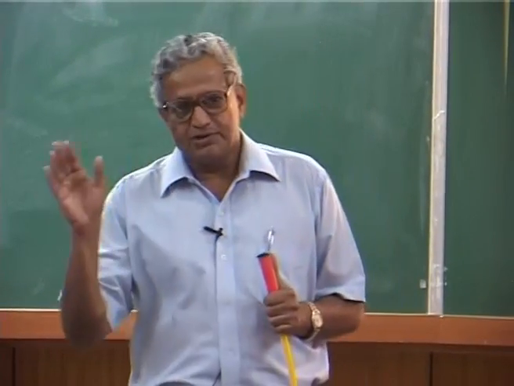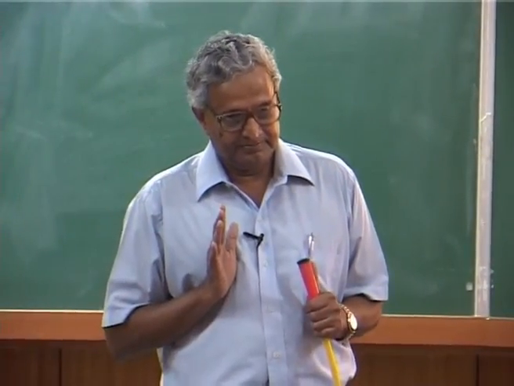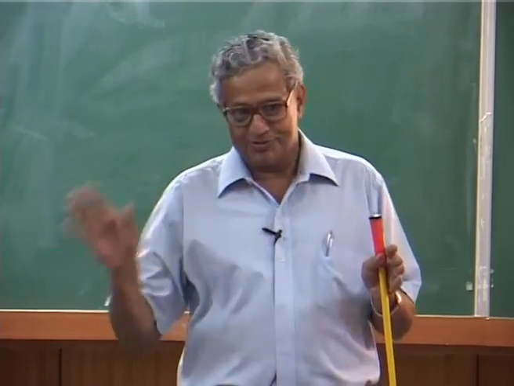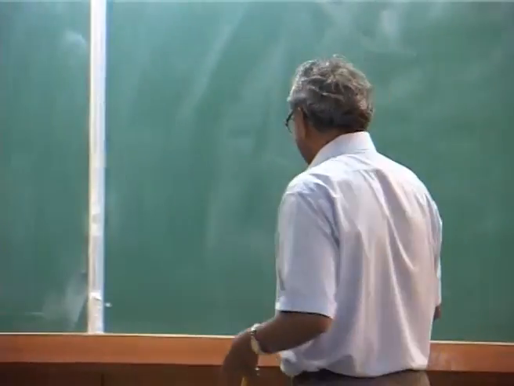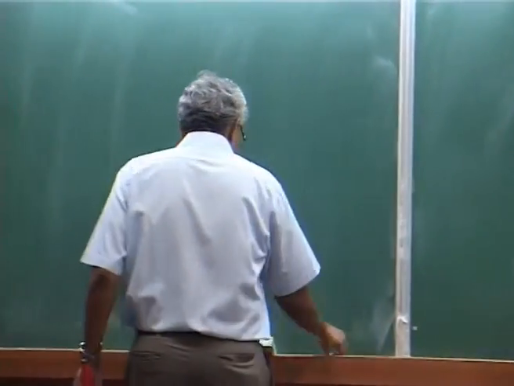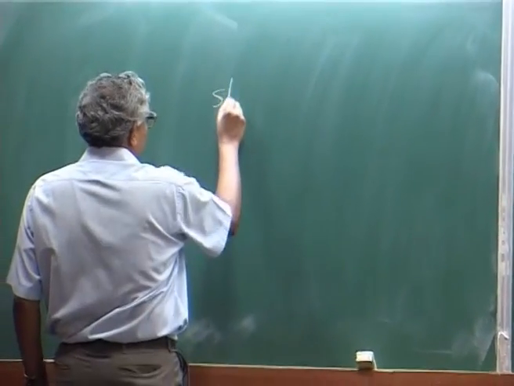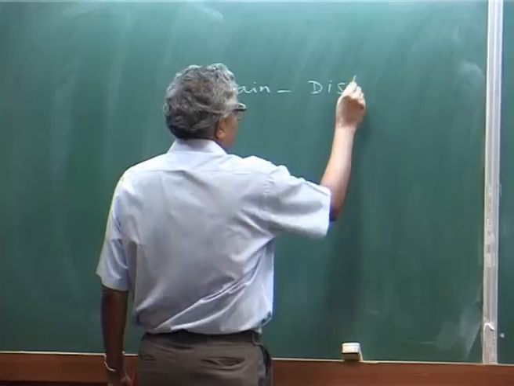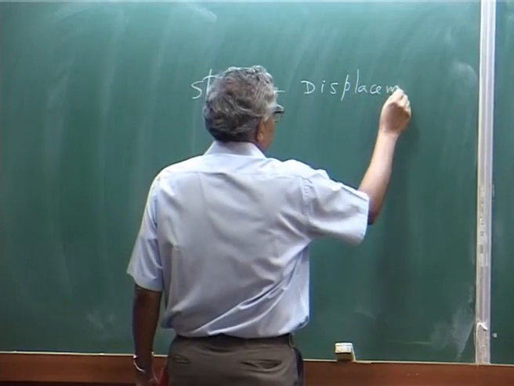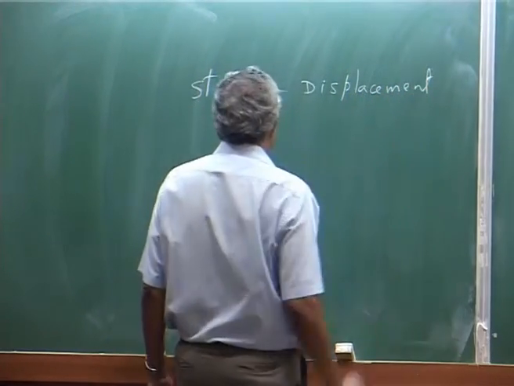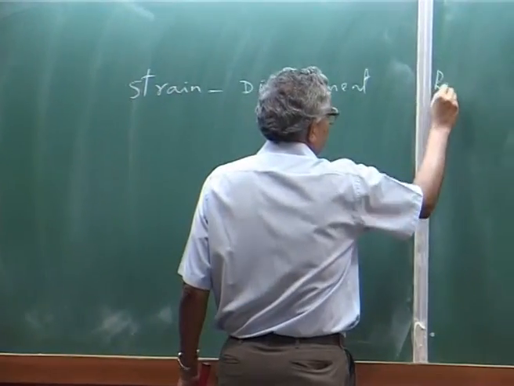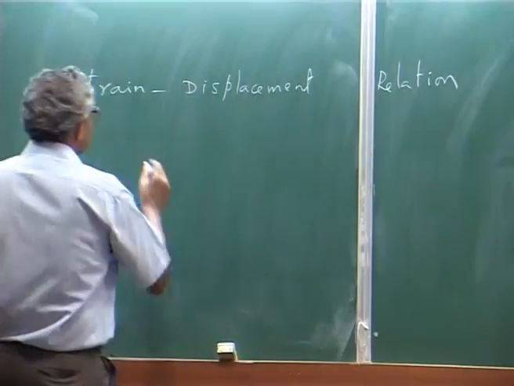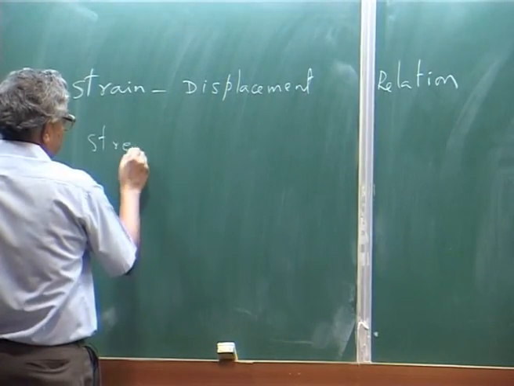Strain to displacement is nonlinear. Please note, the strain to displacement relation, that is one nonlinearity which is called the geometric nonlinearity. Okay. Another one you can have is the stress strain relation. Okay.